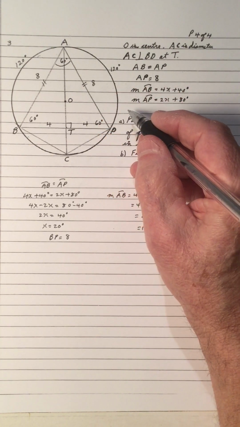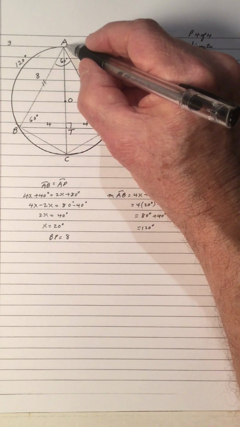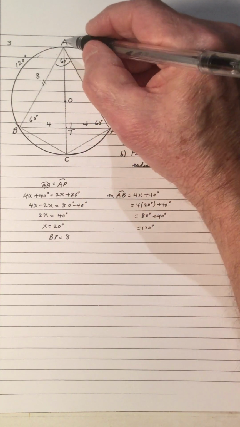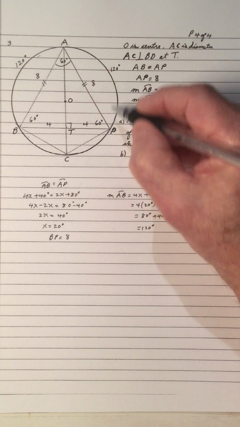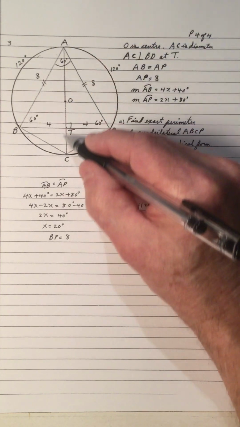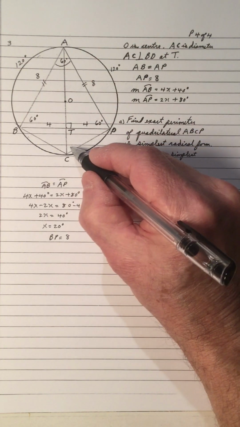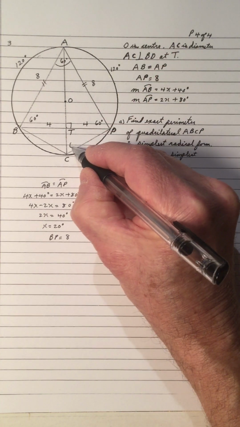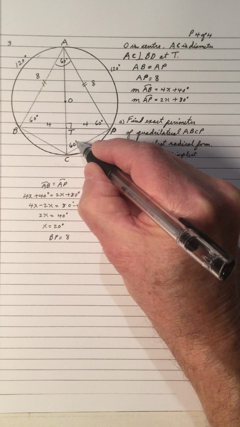Let's continue. What we have also is that this angle right here, we have a couple of ways to do it. This arc AP is 120. This angle ACP is half of this arc, so this angle is 60.